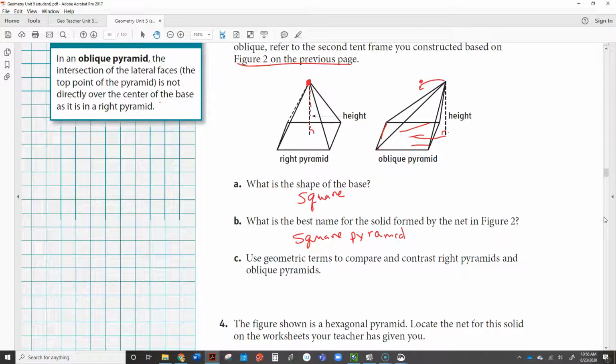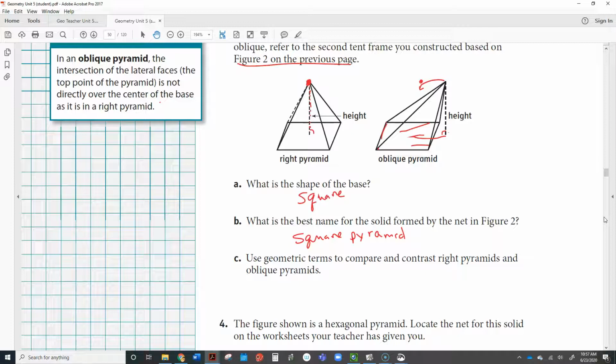Okay, and it says use geometric terms to compare and contrast right pyramids and oblique pyramids. So it would be exactly what they said right here. On the right pyramids, the vertex is above the center of the base, and on the oblique pyramids, it is not above the center of the base.